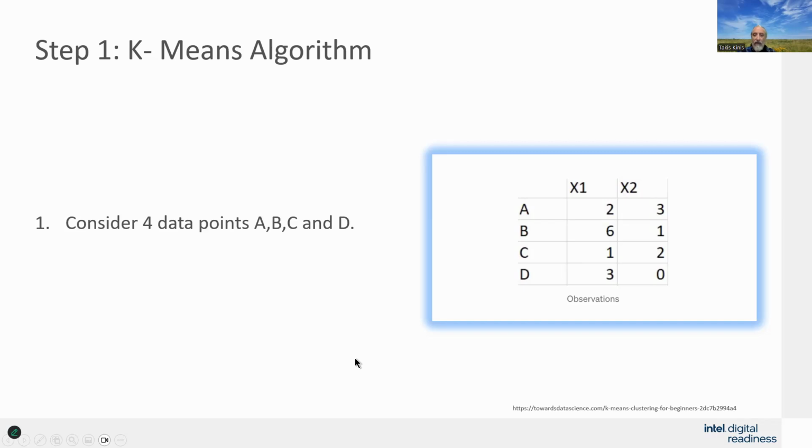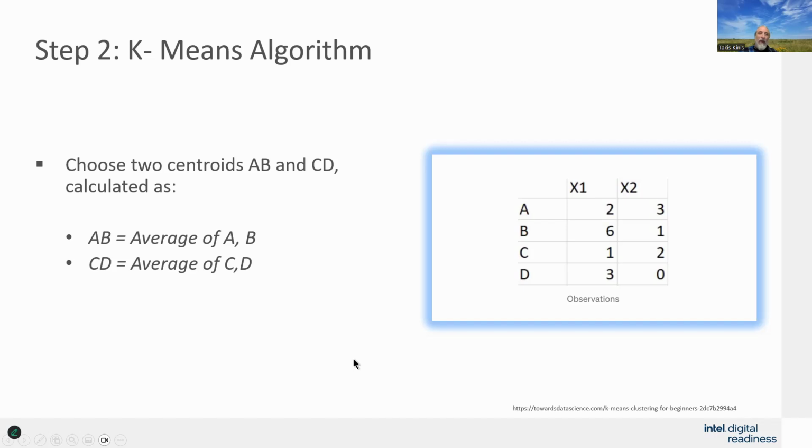All right. First step, look at the data, right? Then we arbitrarily choose 2 centroids. Now, how do we do that? We take, I don't know, 2 of the data points and we combine them. So we're combining A and B and C and D, and then we're choosing the average or the distance between them.